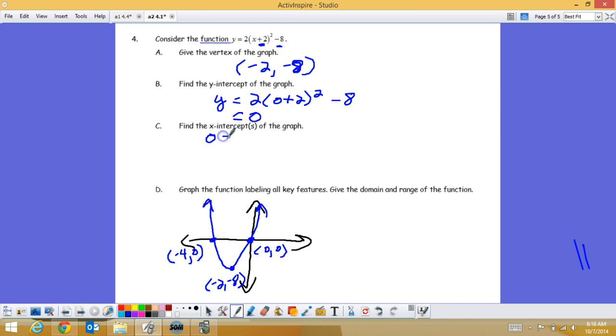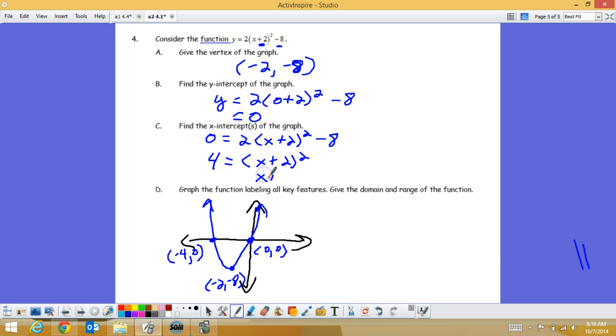Again, you can plug 0 in for y. Get the squared portion by itself by adding 8 and dividing by 2, so that's equal to 4.